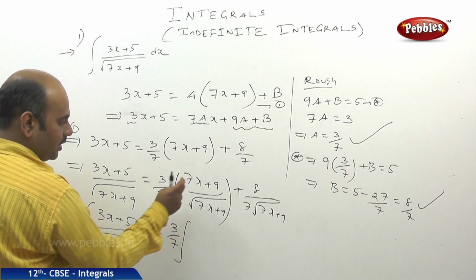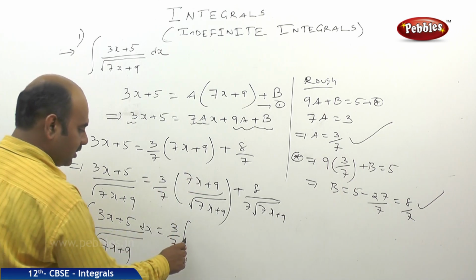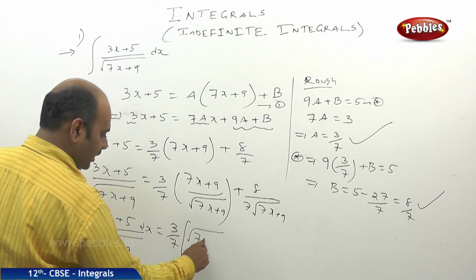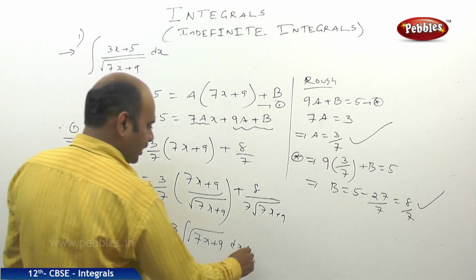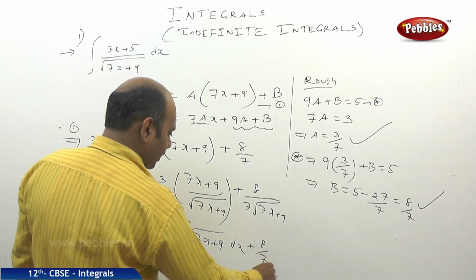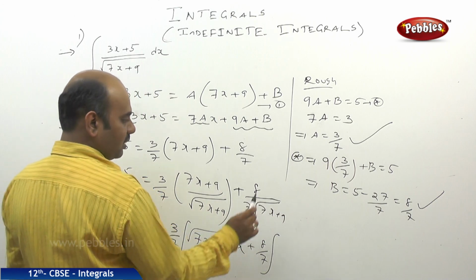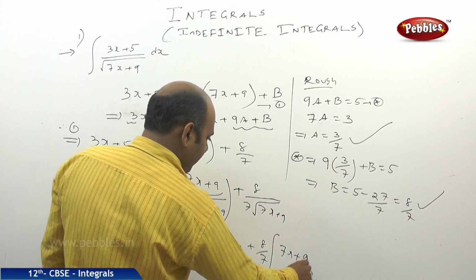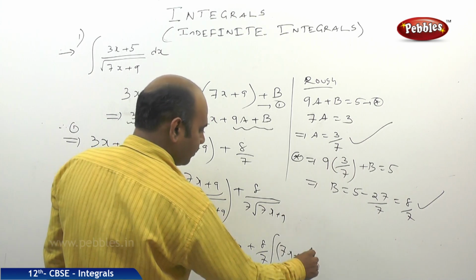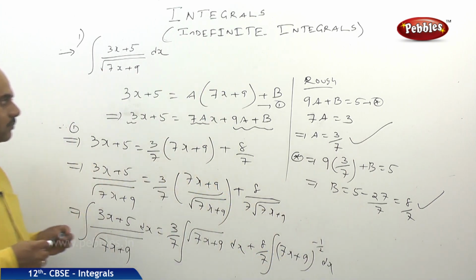A by root a means a can be written as root a into root a. So one root a will get cancelled, and finally there remains 7x plus 9 dx, and here 8 by 7 will come outside, and this can be written as under root of 7x plus 9. Under root of 7x plus 9 going up becomes 7x plus 9 to the power minus 1 by 2 dx.